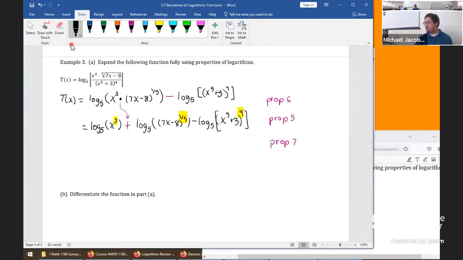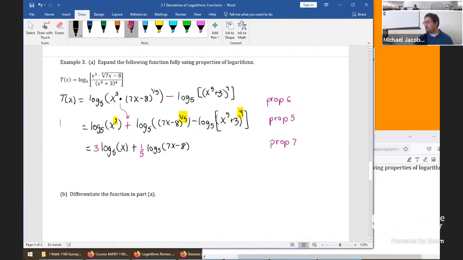So here's our last step. This turns into 3 log base 5 of x, plus, next exponent coming down is the 1/5, 1/5 log base 5 of 7x minus 8.